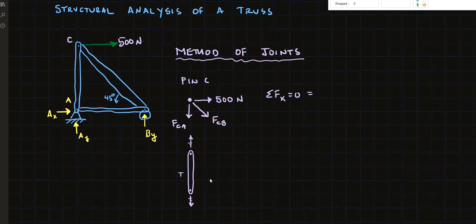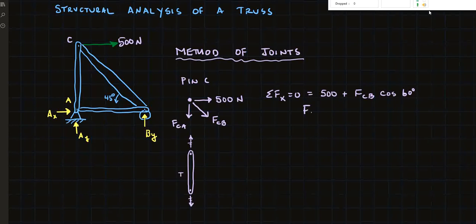Sum of forces in the x direction equals 500 minus the force of CB times cosine of 60 degrees. And this is not actually a minus, it's a plus, because the way I've drawn this, both my forces are pointing in the positive x direction.